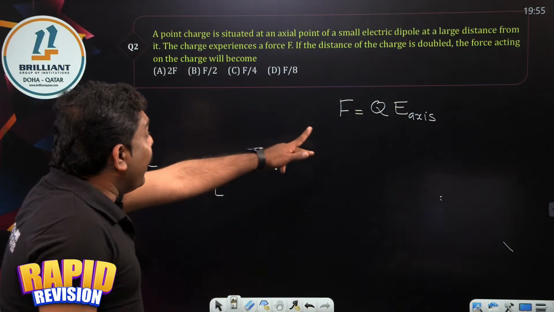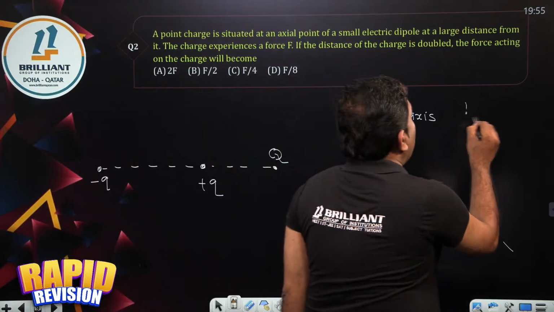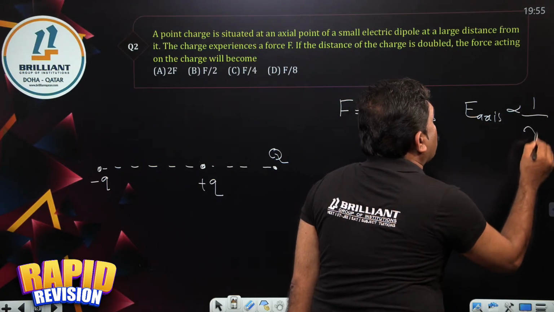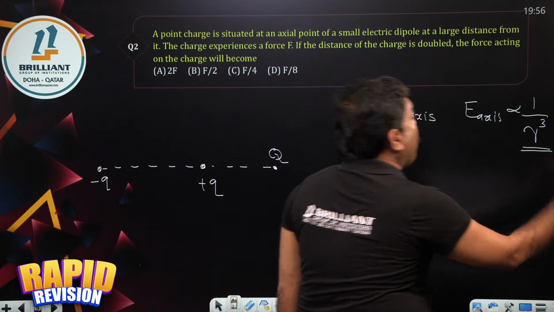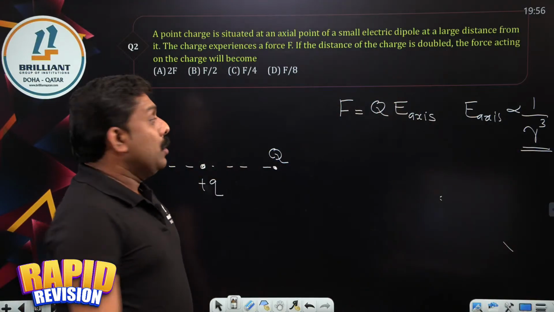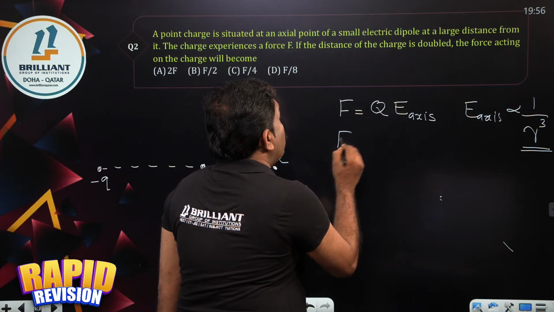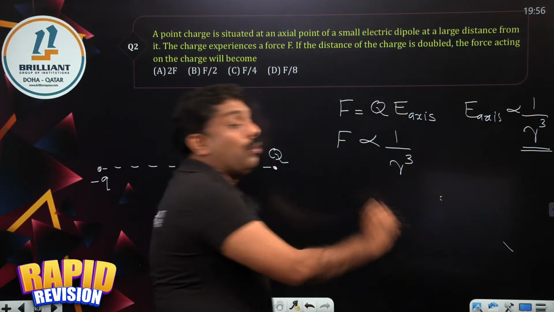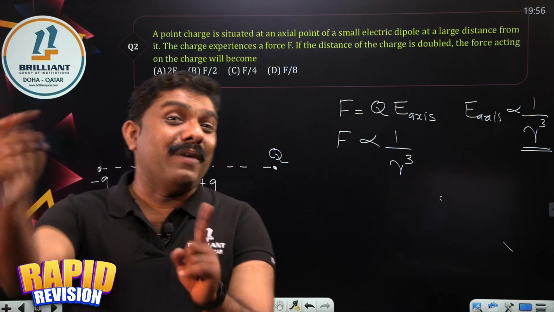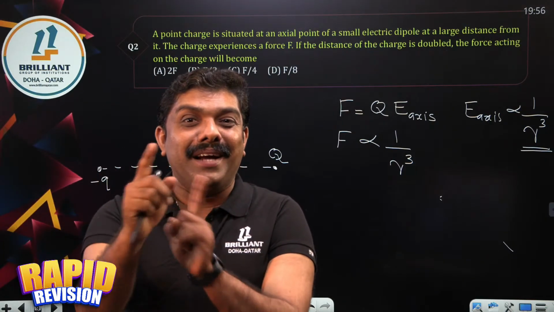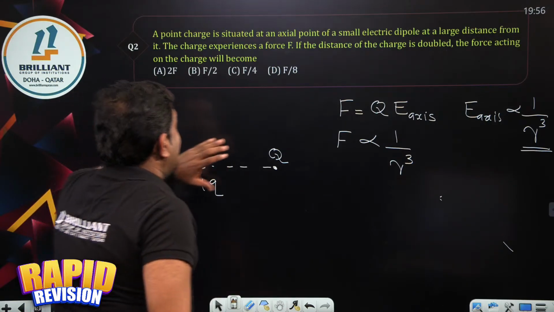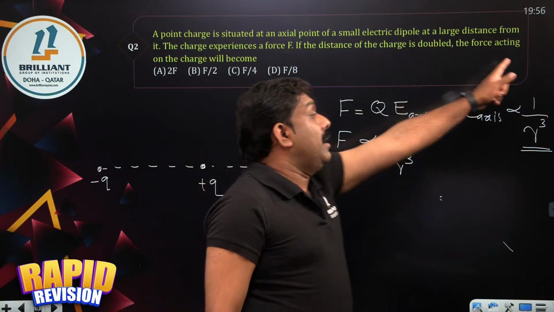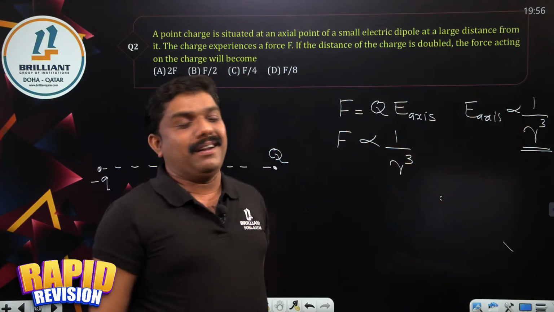What is the electric field on the axis of the dipole? It is proportional to 1 by r cube. So the force is directly proportional to 1 by r cube in the first case. It's not 1 by r square, it is 1 by r cube, because the electric field is proportional to 1 by r cube.